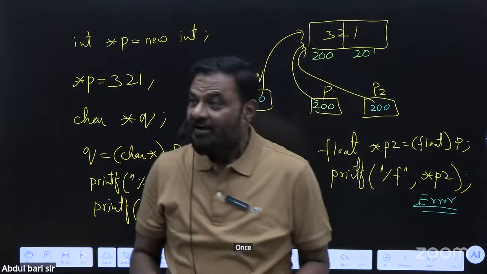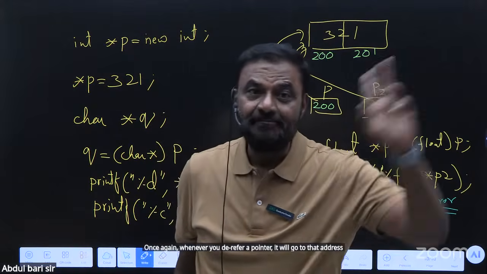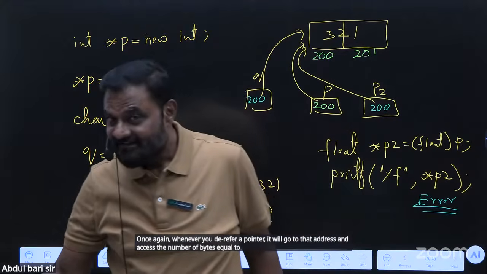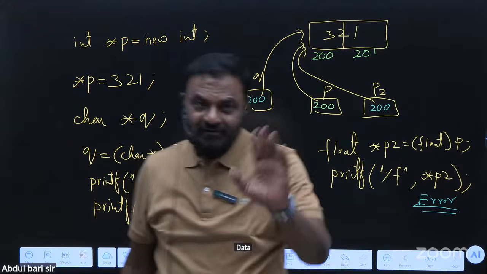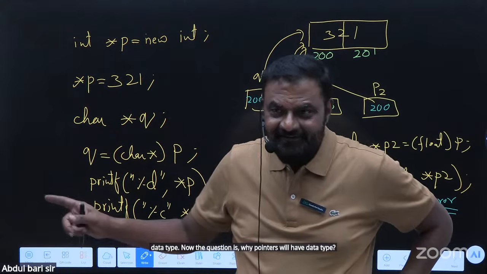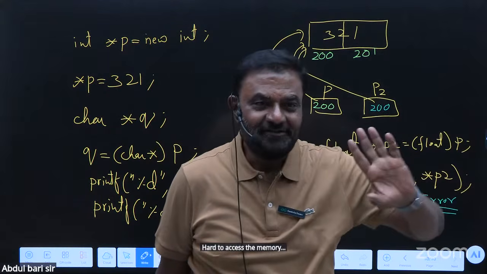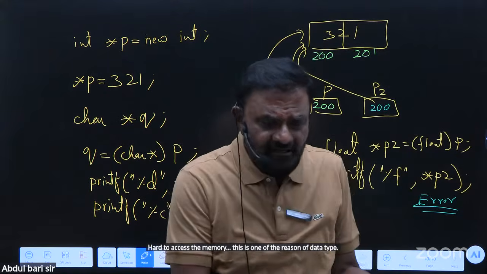Once again, whenever you dereference a pointer, it will go to that address and access the number of bytes equal to its data type. Now the question is, why do pointers have a data type? This is one of the reasons. Otherwise, they store an address only.